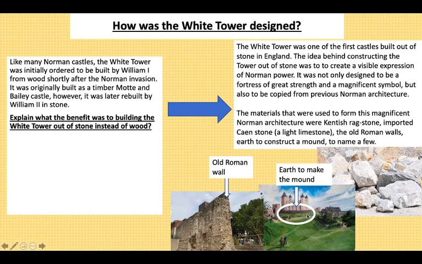Earth was probably used to reinforce this hill even further to make it so high to overlook the rest of London. Now, Caen stone is imported from Normandy, so it is a Norman type of stone, all right? And we're going to look at why this stone might have been used on the next slide and how it's linked to the designer.